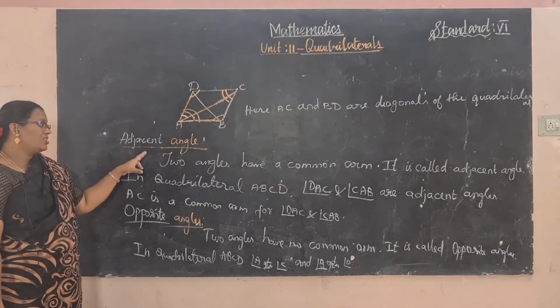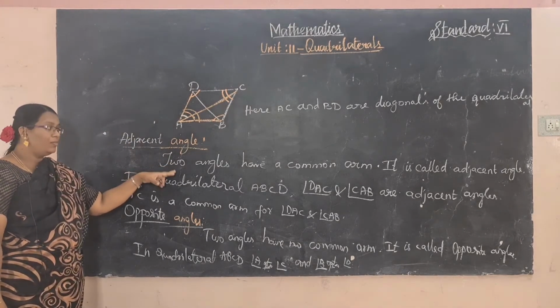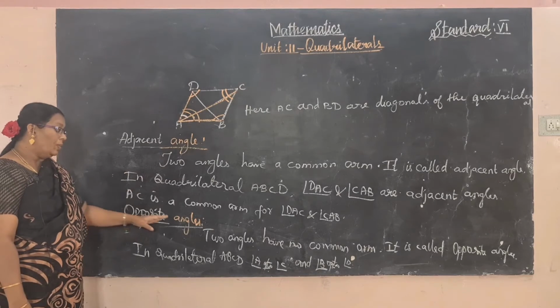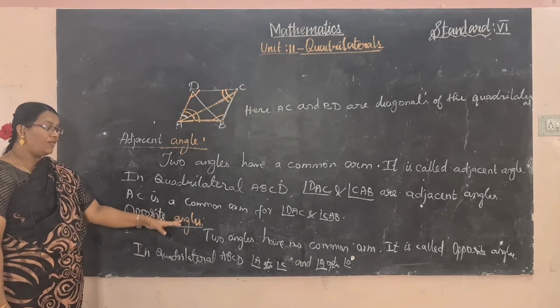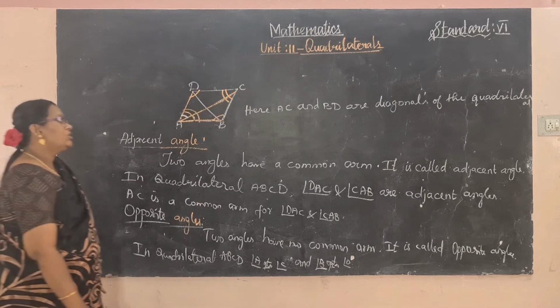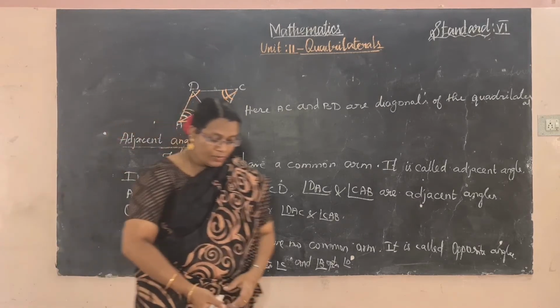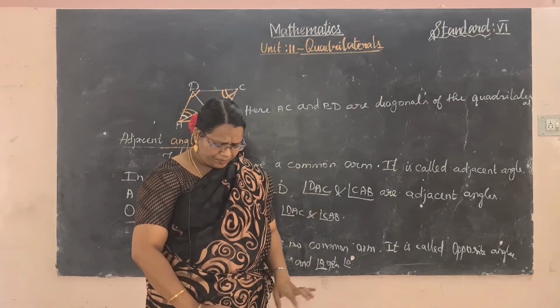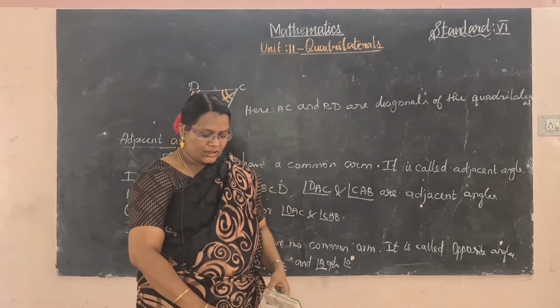So adjacent angles means two angles having a common arm. Opposite angles means two angles have no common arm, the vertices opposite to each other. That is called the opposite angles.